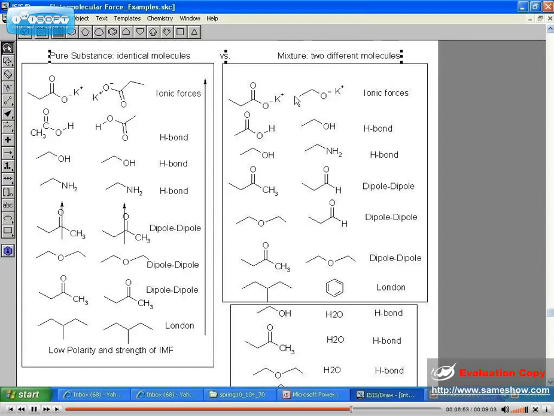On the right-hand side we have examples of mixtures, one substance mixed with another. And notice this could be considered ionic forces. Notice the metal-nonmetal. Here we have hydrogen bonding. I have examples of this on the slide, but here I have other examples. Over here, these are all dipole-dipole forces. Careful on this one right here.